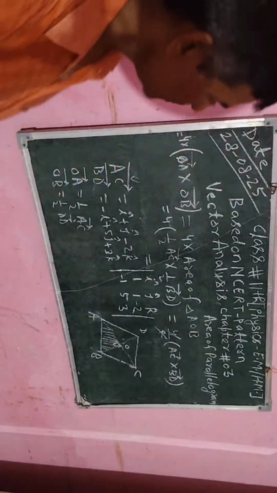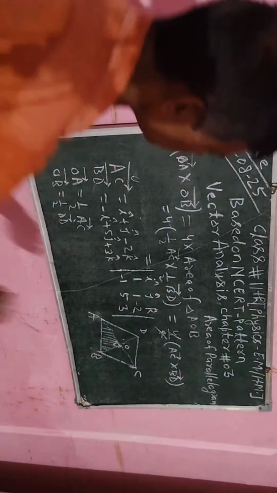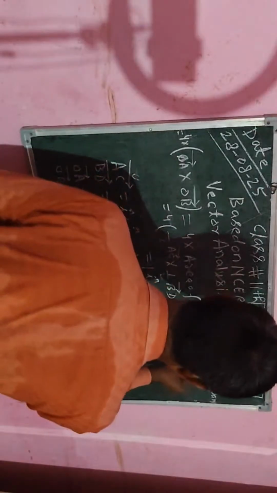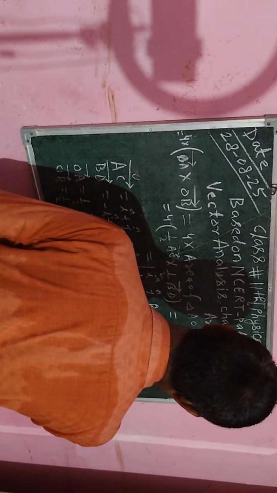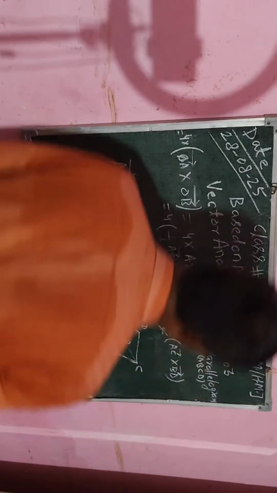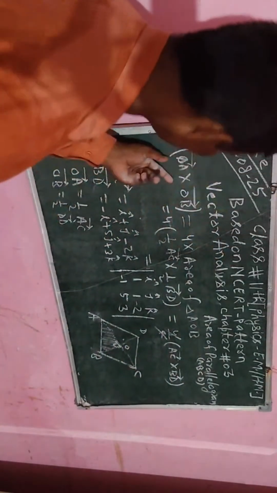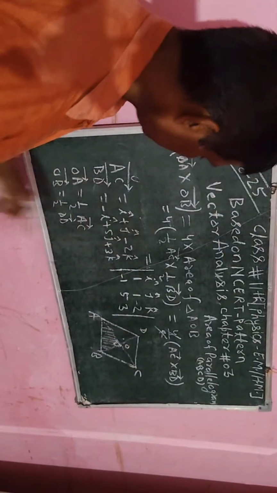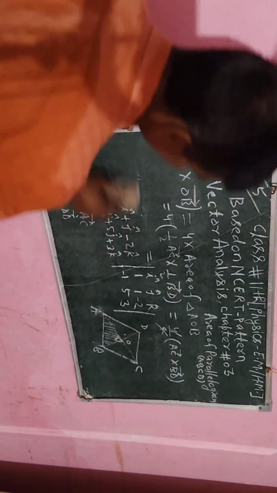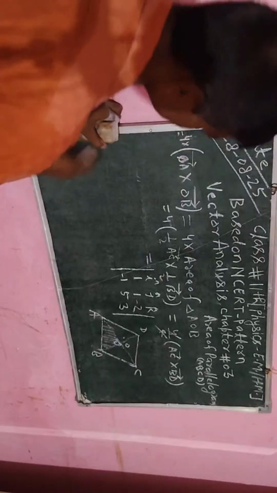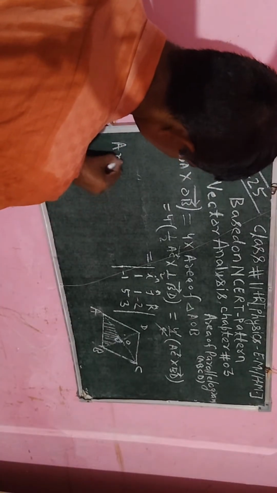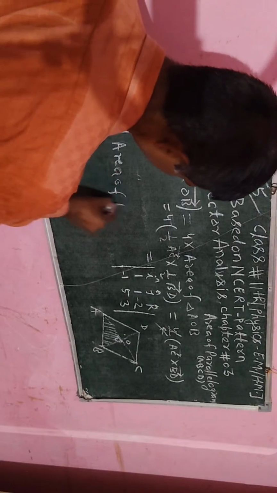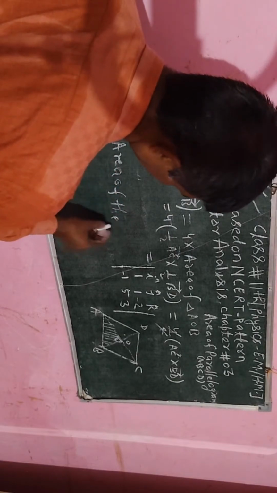So the area of the parallelogram ABCD is equal to 4 times OA cross OB. Now further I will take this expansion.